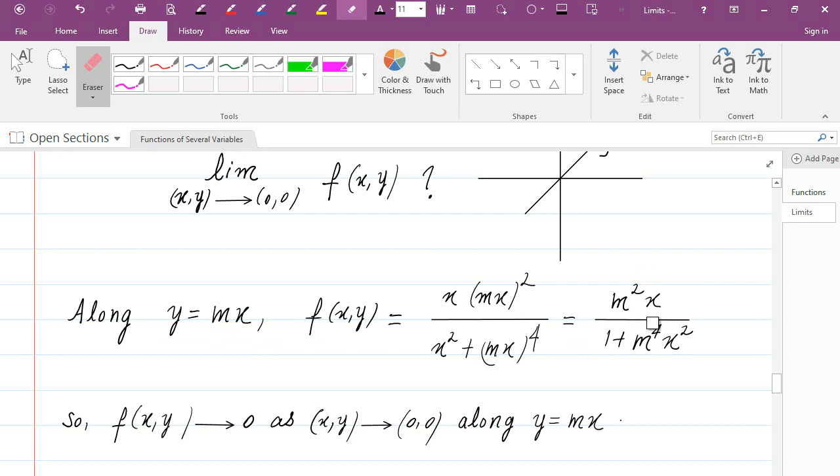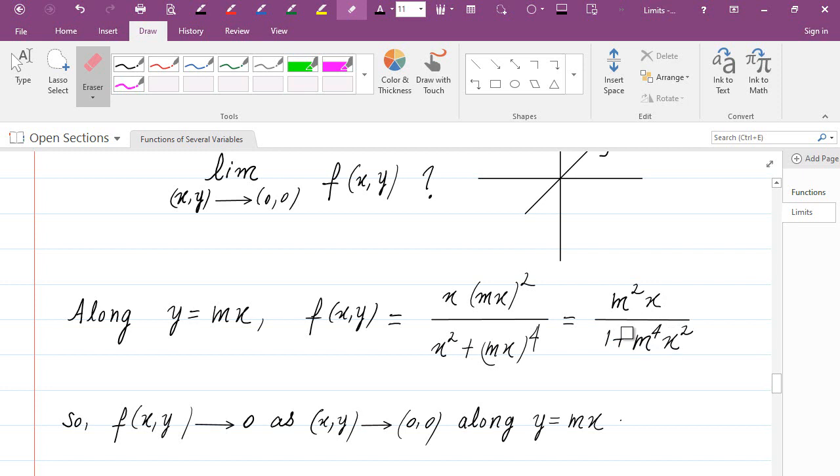So then as (x, y) approaches 0 along this line, that would mean x goes to 0 here, and then we see that the limit is 0, because if x is 0 here, then we get 0 here.